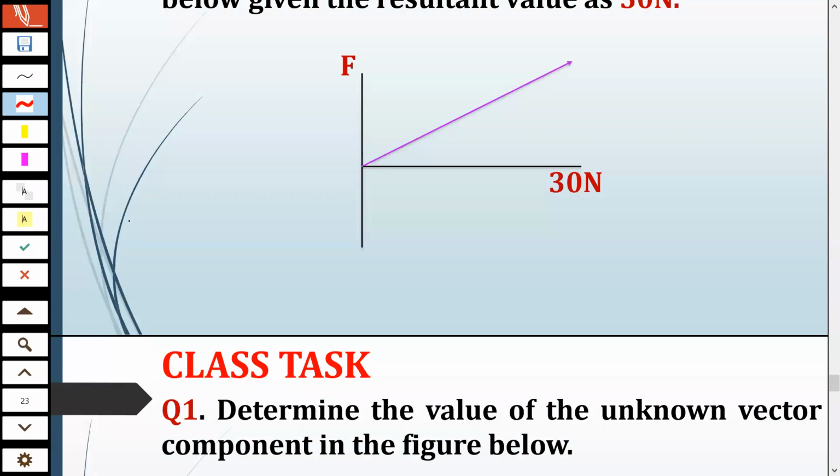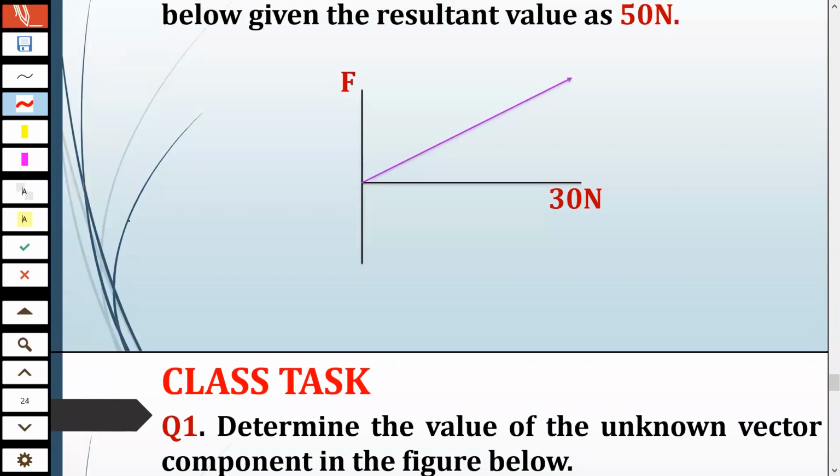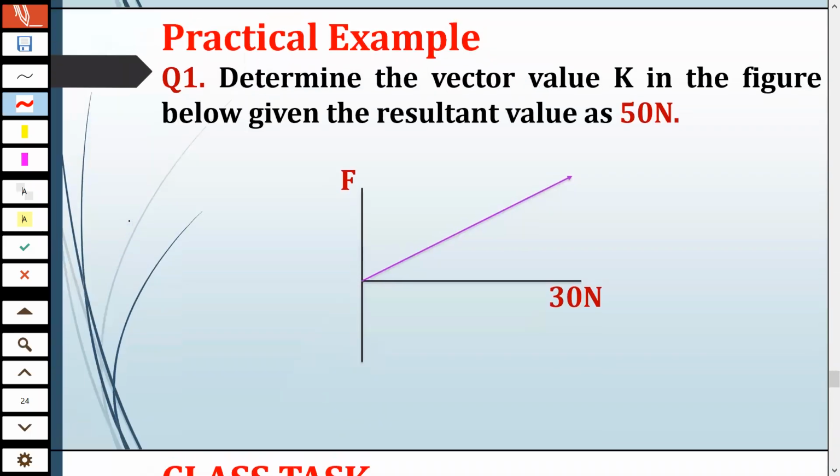Okay, so let's quickly do this one. They're asking us to determine the vector k in the figure below, given the resultant value as 50.